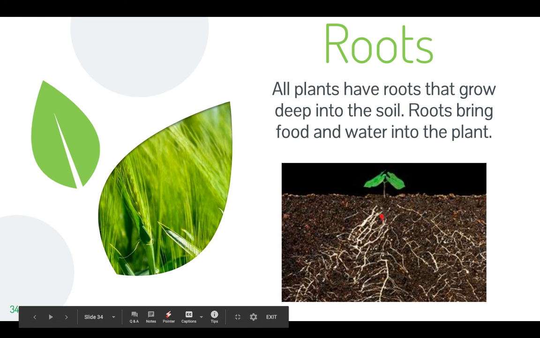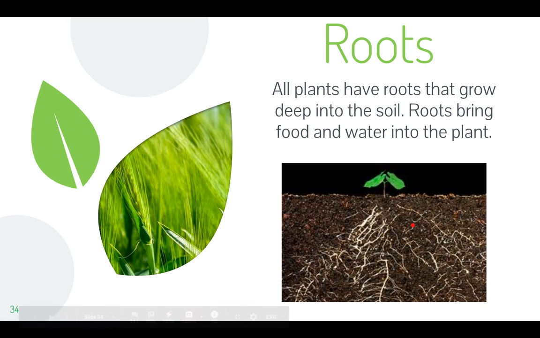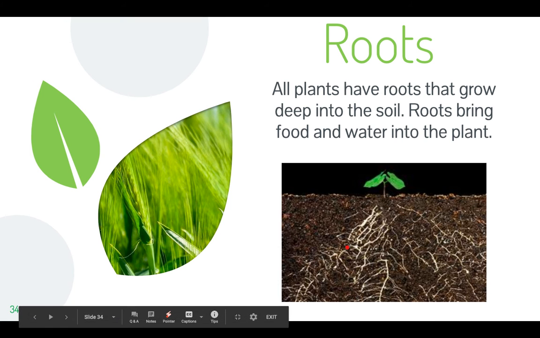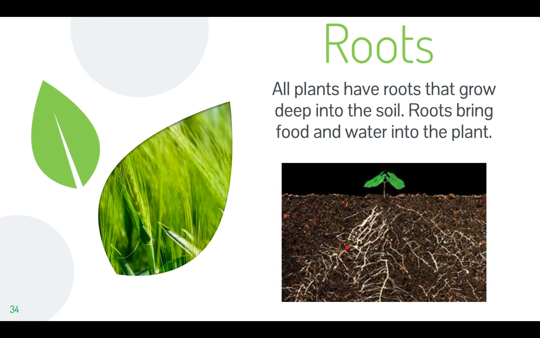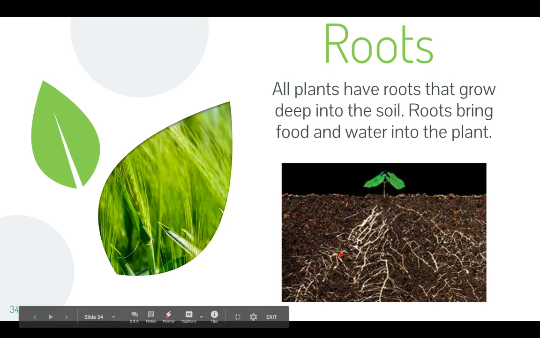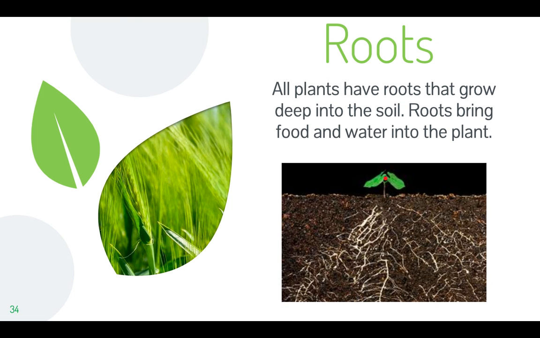These are roots, and they look like little baby branches all over inside the dirt, right? So these roots, all plants have roots that grow deep into the soil. Roots bring food and water into the plant. So the plants get food and water from these roots, and they go all the way back up the stem and to the plant, to the leaves and to the flower. So that's really, really cool.